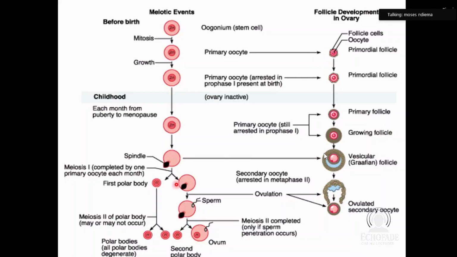Then after fertilization, that is when you have the second meiotic stage, where you have the second polar body and now the ovum.